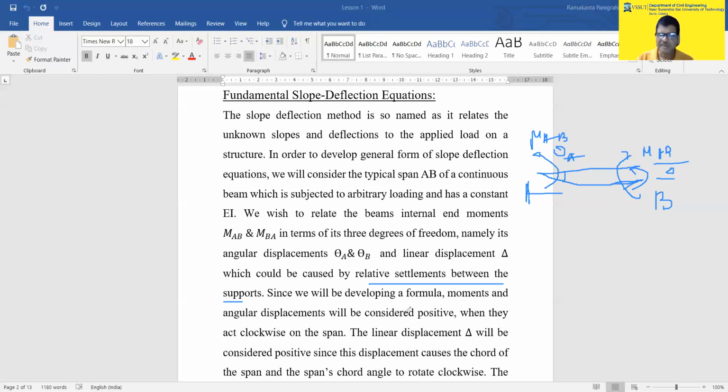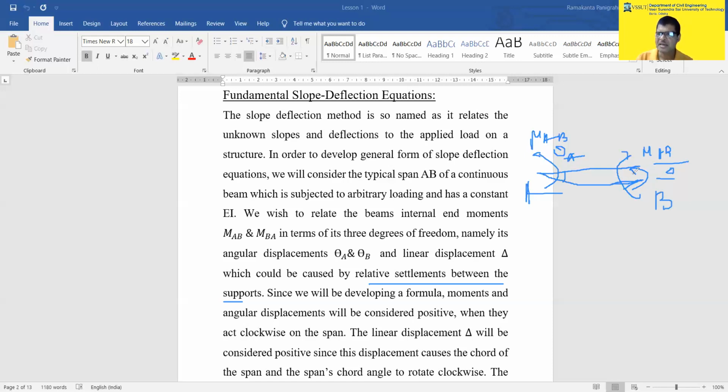Since we will be developing a formula, moments and angular displacement will be considered positive when they act clockwise on the span. So clockwise moments and clockwise rotations we can take as positive, and the displacement will be considered positive if the displacement causes the chord of the span and the span chord angle to rotate clockwise. So if it rotates, this delta will give a moment that will be considered as the clockwise moment.